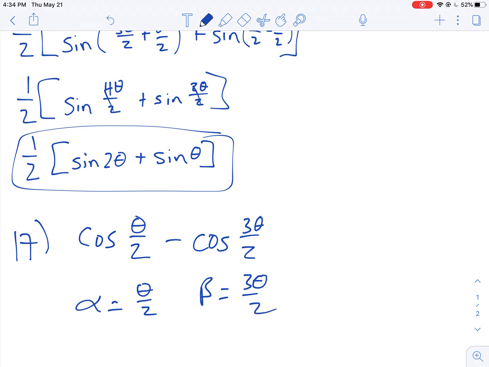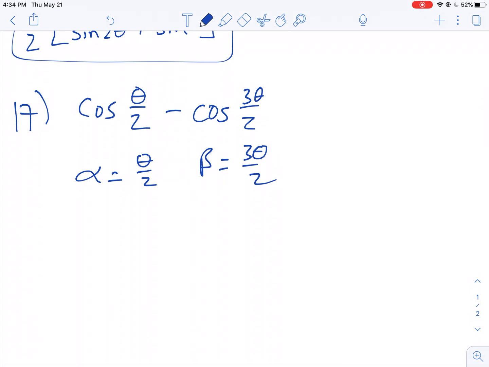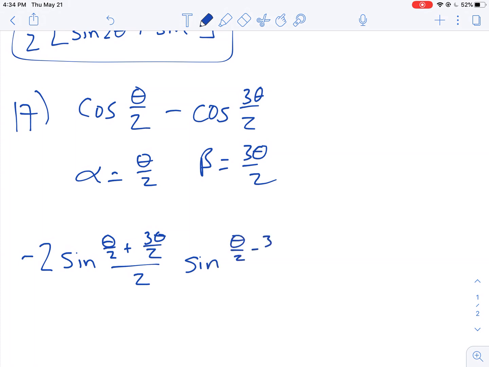When I'm subtracting cosines, this ends up becoming -2 times the sine of theta over 2 plus 3 theta over 2, over 2. And then the sine of theta over 2 minus 3 theta over 2, over 2.